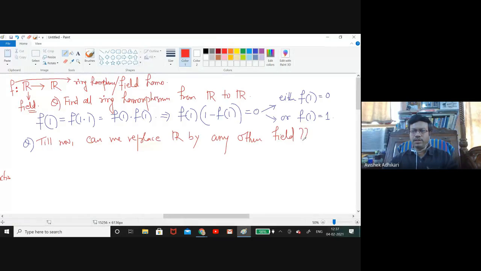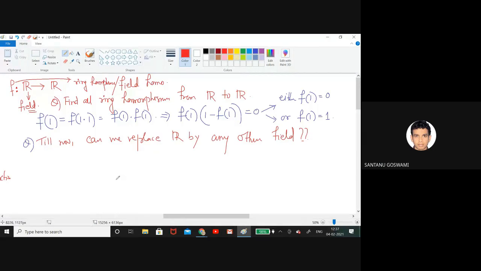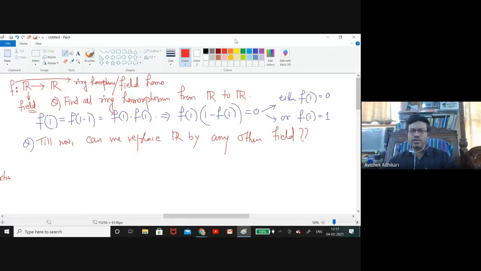Yes or no? What will be your answer? Yes, sir. Yes, we can. Okay, so your answer is yes. So till now, nothing special about R. It may be any field, that will be sufficient. Maybe infinite or finite, doesn't matter to us. Okay, let's again go back to our proof.